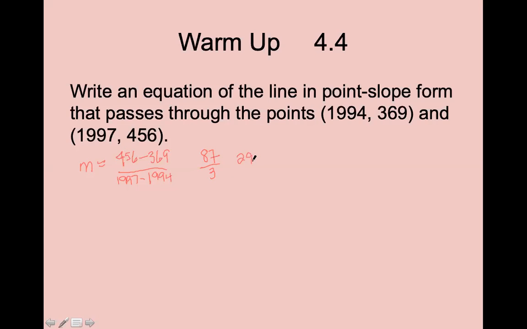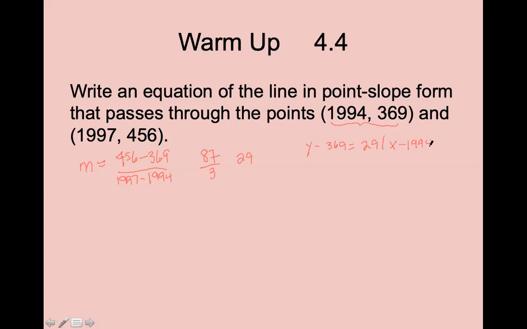So that's our slope. And then we have to write an equation in point slope form. We can use either pair of coordinates. I can write this as y minus 369 equals 29 times the quantity x minus 1994.